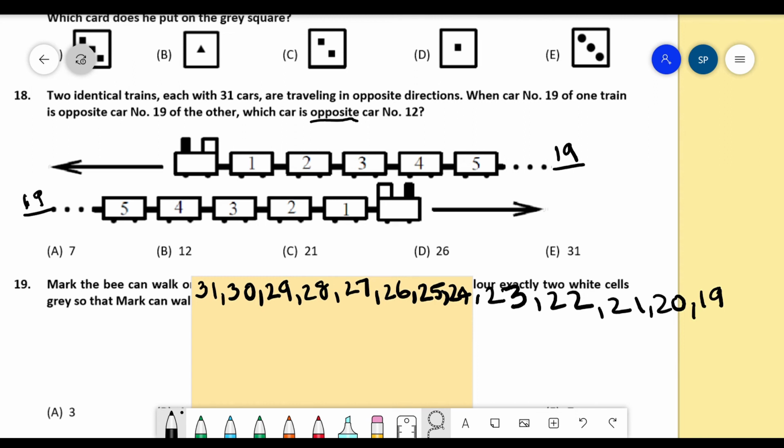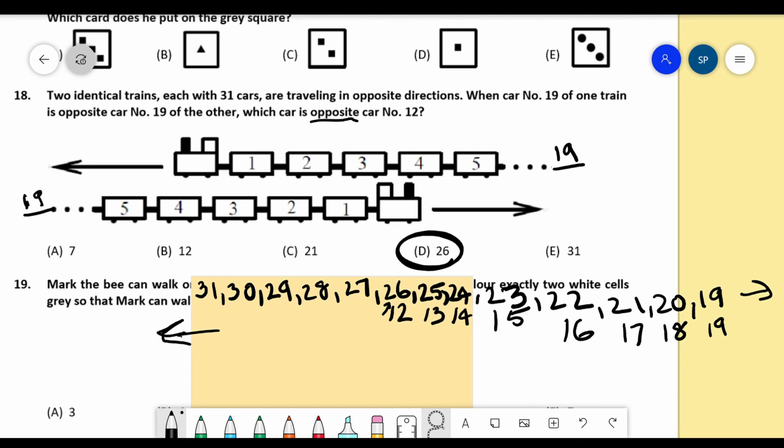Now, this train is going this way. The other train, of course, is going this way since they're going in opposite directions. So if there's 19 here, they're at the same place, and this 20 is going to be facing 18 as well, 17, 16, 15, 14, 13, and 12. 12 at the moment is actually facing 26, which means our answer is 26.